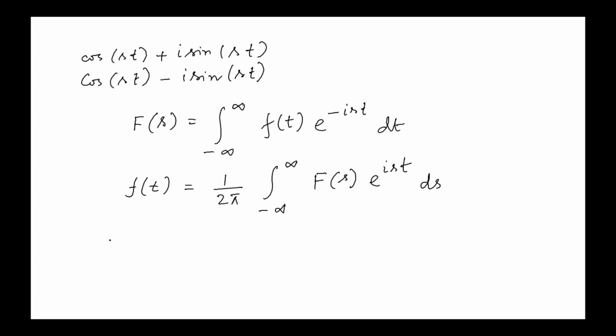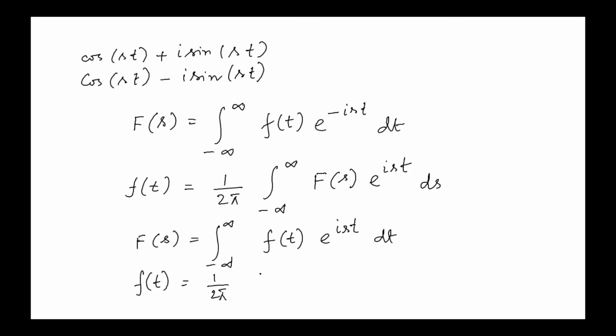Now if someone writes the definition of the Fourier transform against the convention, F(s) equals the integration from minus infinity to infinity f(t) e to the power positive i st dt, in that case the inverse Fourier transform will be 1 by 2 pi integration from minus infinity to infinity F(s) e to the power minus i st ds.